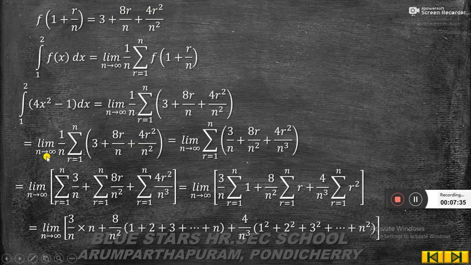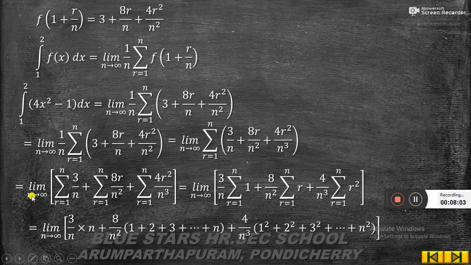So the next step I write the limit n tends to infinity of 1 by n summation r equal to 1 to n of (3 plus 8r by n plus 4r square by n square). Now I multiply the 1 by n into the factor. So I write the limit n tends to infinity, summation of 1 by n into 3, 3 by n, plus 1 by n into 8r by n, 8r by n square, plus 1 by n into 4r square by n square, means 4r square by n cube.